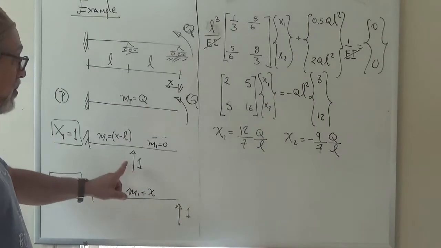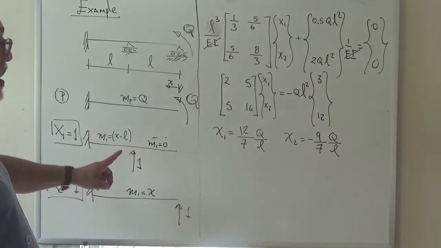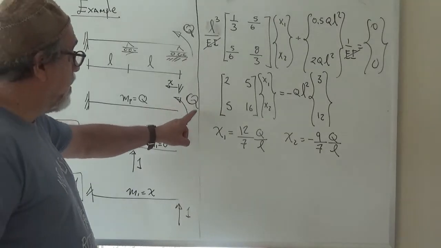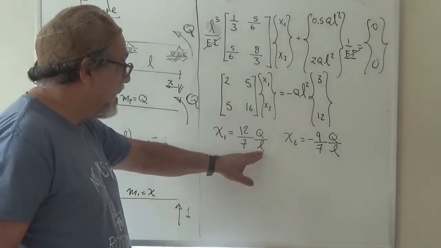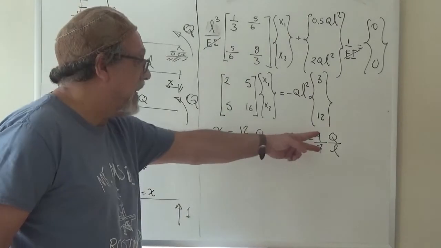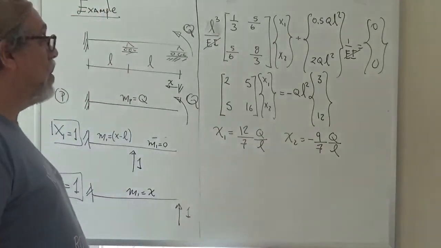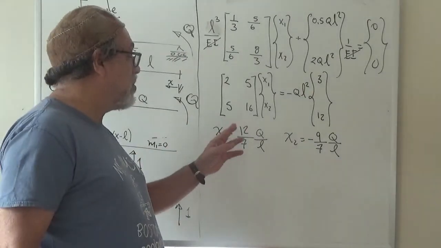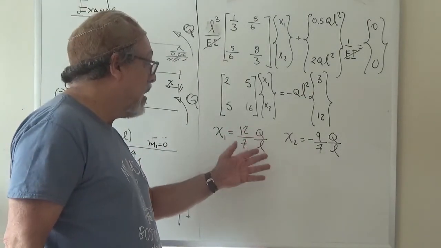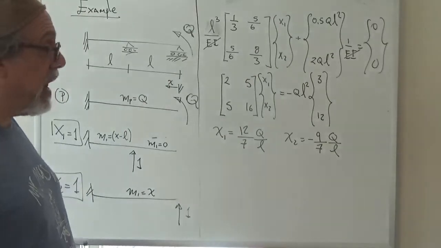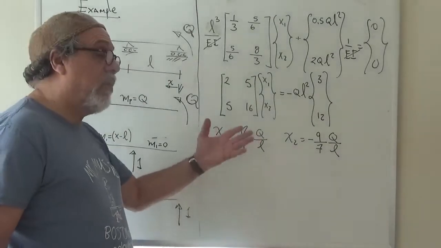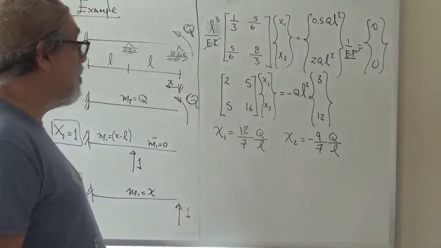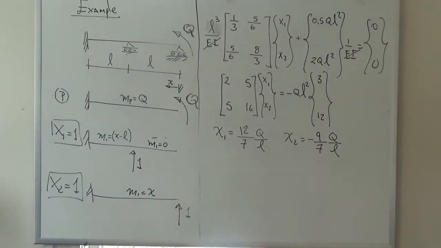They are these two reactions. They have to have units of force. Q is a moment. Therefore, moment, which is feet, divided by feet, is force. So at least the form is unit-wise consistent. If you find yourself saying that x1 was something Q only, then that has to be wrong, because it doesn't even have the right units. Or if it was Q over L squared, that would be wrong too, right? It has to be Q over L in order for x1 and x2 to have the right units.